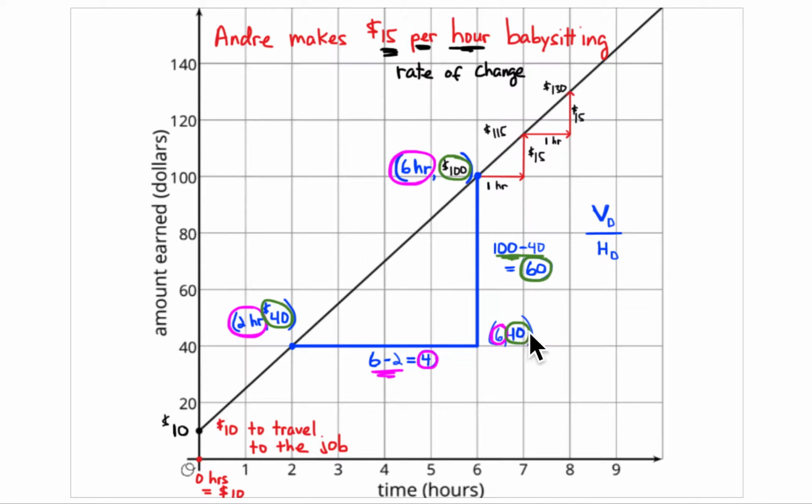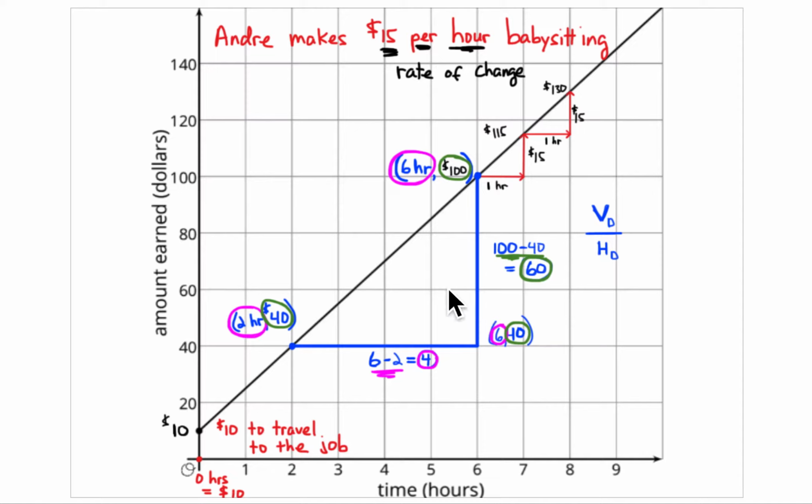So you're going to take this 40 away, and you're going to slide the slope triangle down to the horizontal axis. 100 minus 40, so if you subtract this 40 right here, this triangle then is going to go up to $60 right to this point as you slide it down.